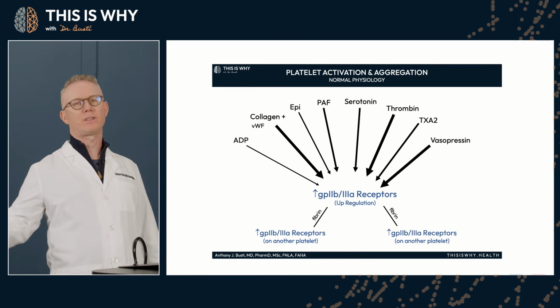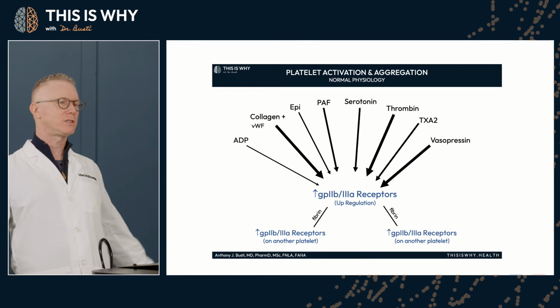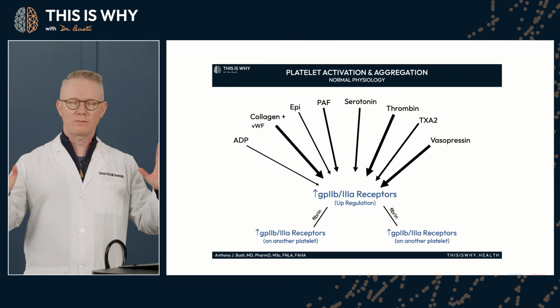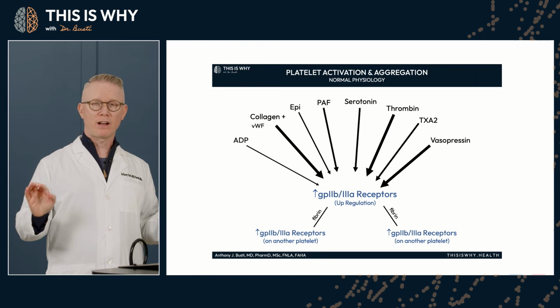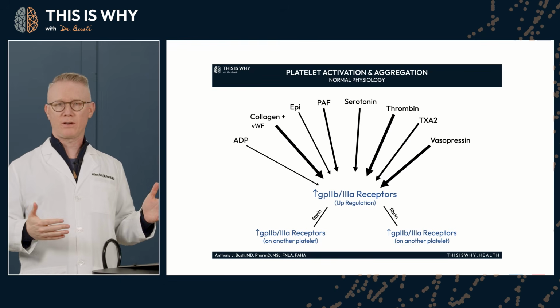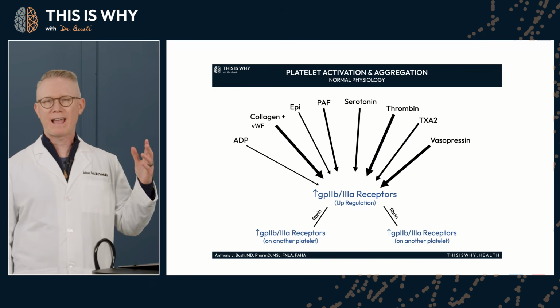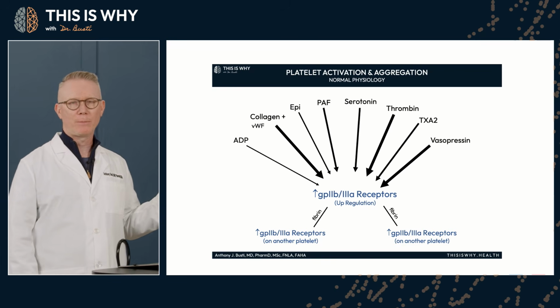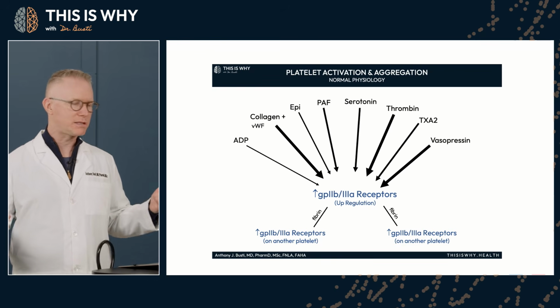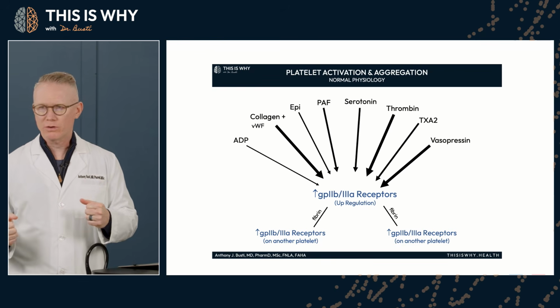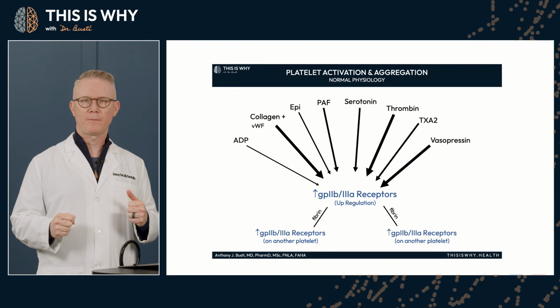It doesn't represent everything related to platelet interactions, so you don't need all that. I'm trying to help you understand the main targets because a lot of these are areas that we intervene on. So for example, ADP binds to our P2Y12 receptor. We have drugs that inhibit that, things like clopidogrel, prasugrel, ticagrelor, okay?